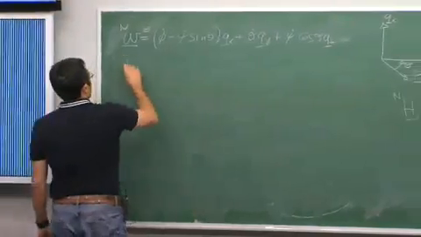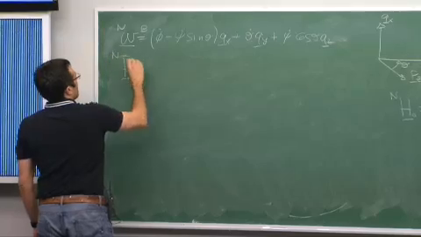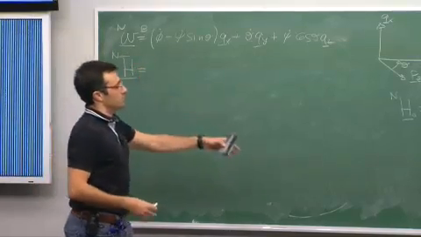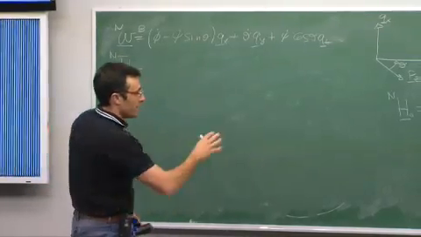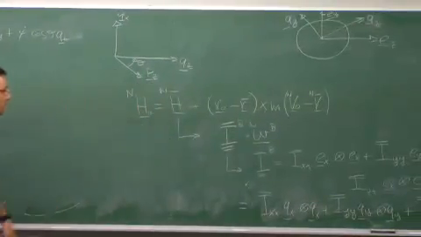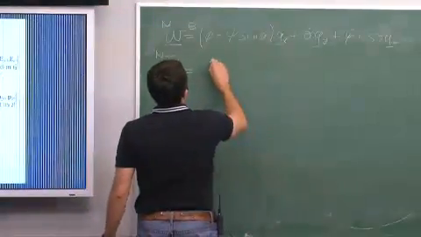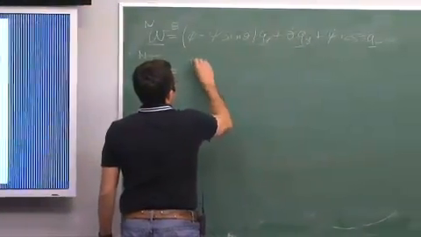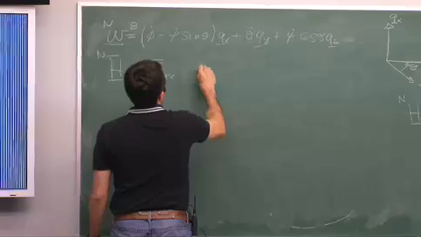So h bar in n, let's do it right away. If I dot this inertia tensor down here with the angular velocity, what do I get? I get Ixx bar multiplying this, right?